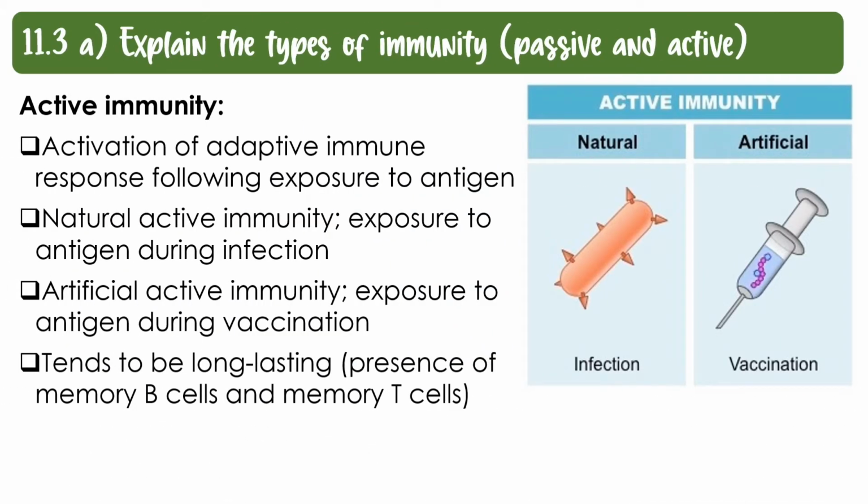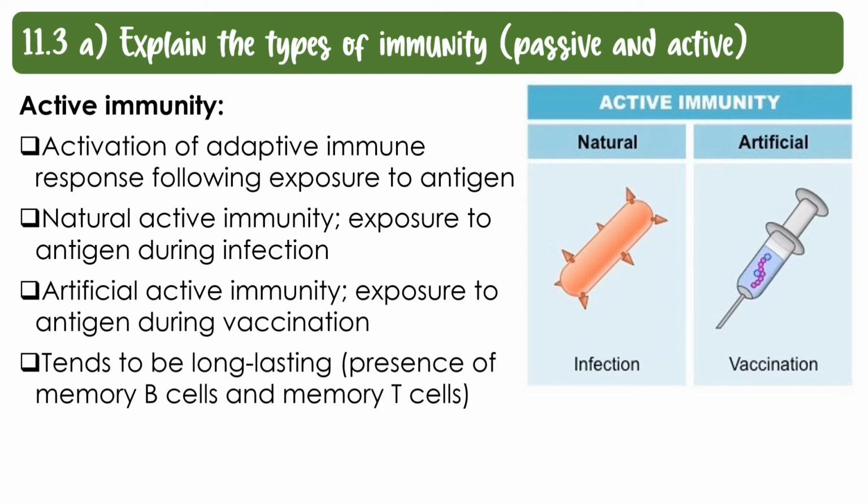Unlike passive immunity, active immunity involves activation of the adaptive immune system. This is why exposure to antigen is crucial in active immunity. In natural active immunity, the exposure to antigen happens naturally during infection.